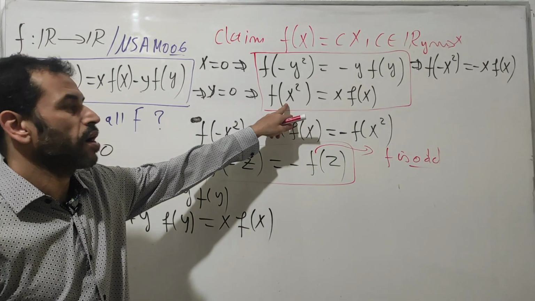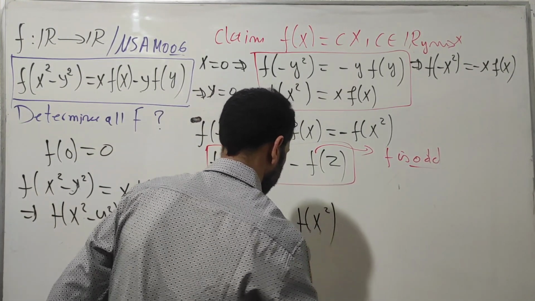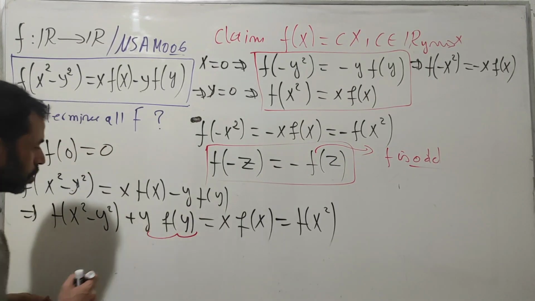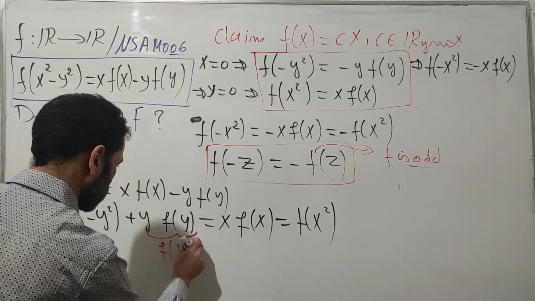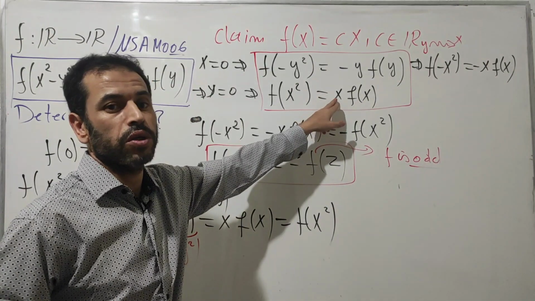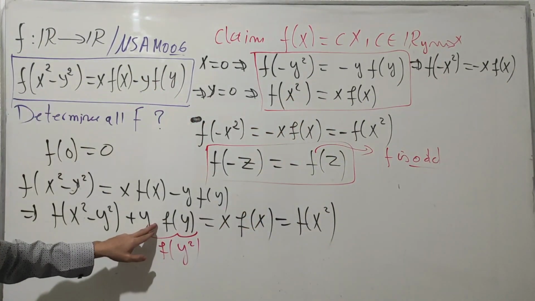It's clearly f of x squared, like this. Then replace this expression with f of y squared, because we have just replaced x with y. So I get y f of y equals f of y squared, the same as I have here.